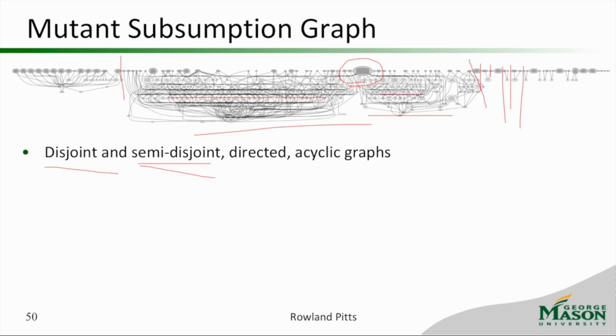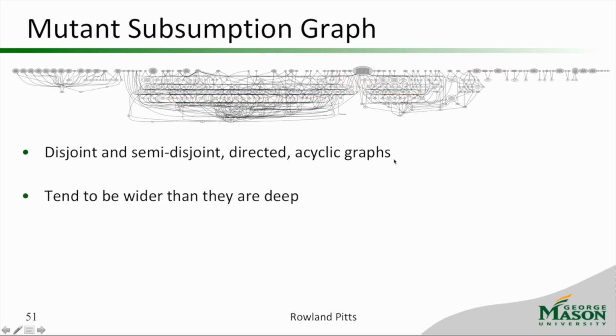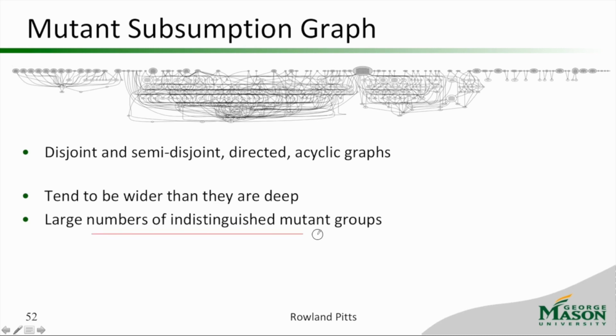The same goes for them being directed acyclic graphs. We'll see that at the micro level in a minute, but they tend to be wider than they are deep. And there are large numbers of indistinguished mutant groups. This is a fancy way to say there are multiple mutants in a node or in a group. You can sort of see that here, but we'll see it in the drill down in a minute.